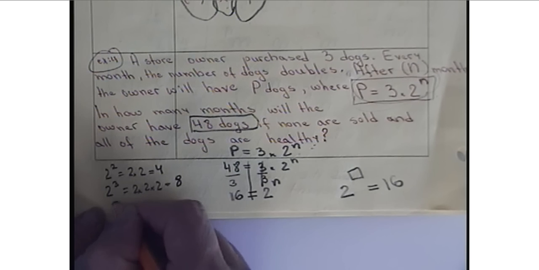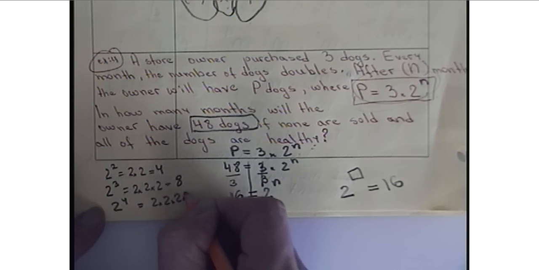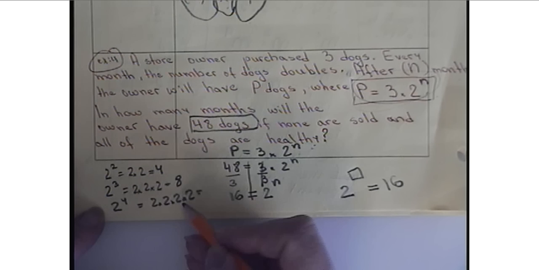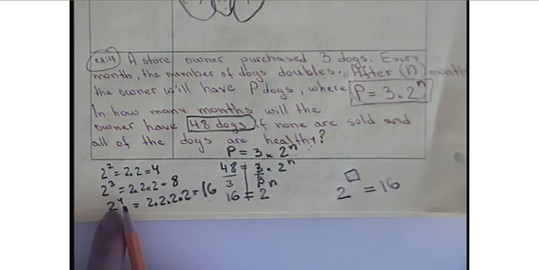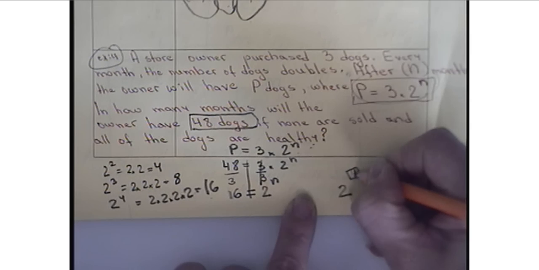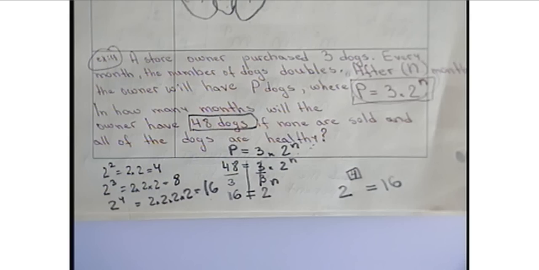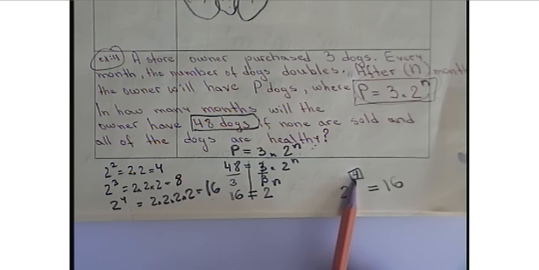So 2 to the fourth will be 2 times 2 times 2 times 2, 2 times 2, 4, times 2, 8, times 2, 16. So that's the power, or the exponent we're looking for. 2 to the fourth equals 16. And this is the answer. In 4 months, this owner will have 48 dogs total.